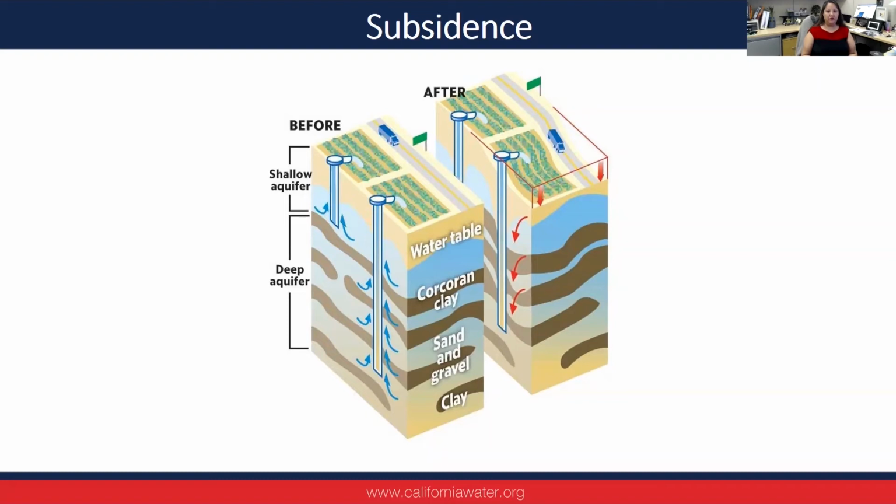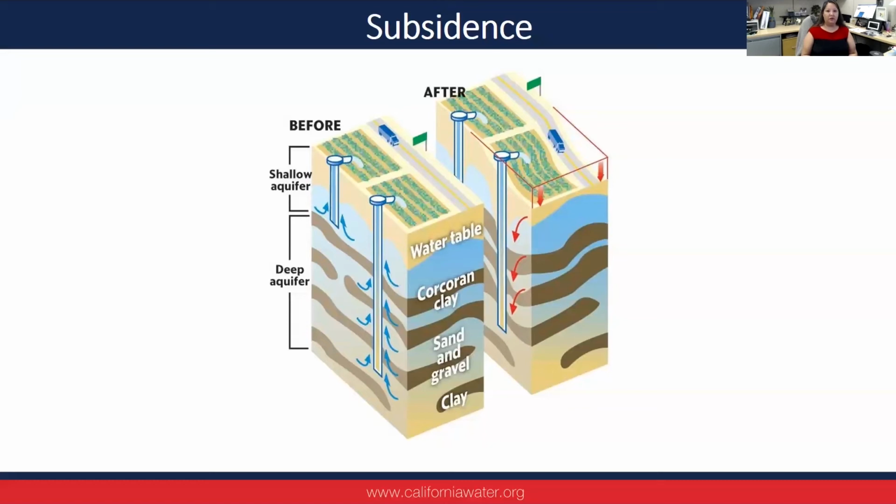If you think about subsidence, think of a sponge that you use to wash dishes. When it gets dry, it tends to get smaller and very hard. But then when you put water on it to use it, it plumps up and comes back to its original state. Unfortunately, our groundwater is not exactly the same, but very similar, depending on the type of soil that is underneath and where the water is flowing.